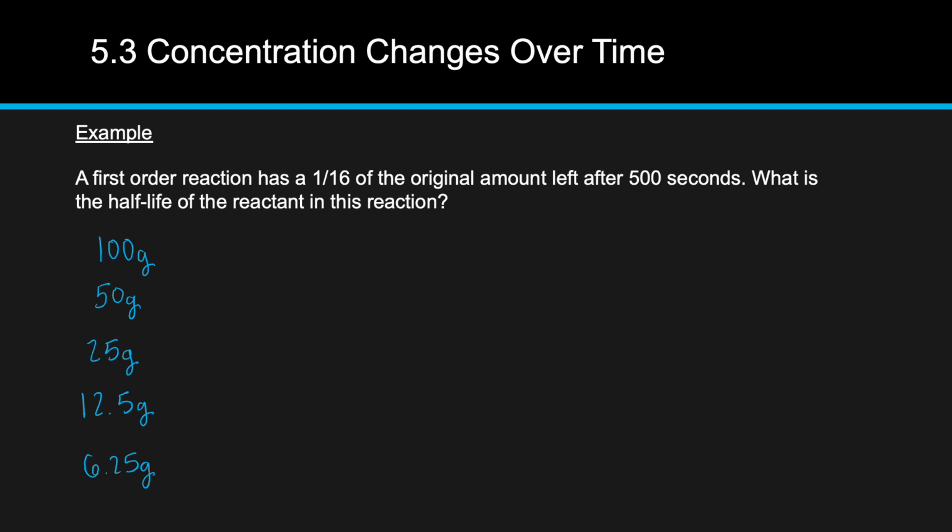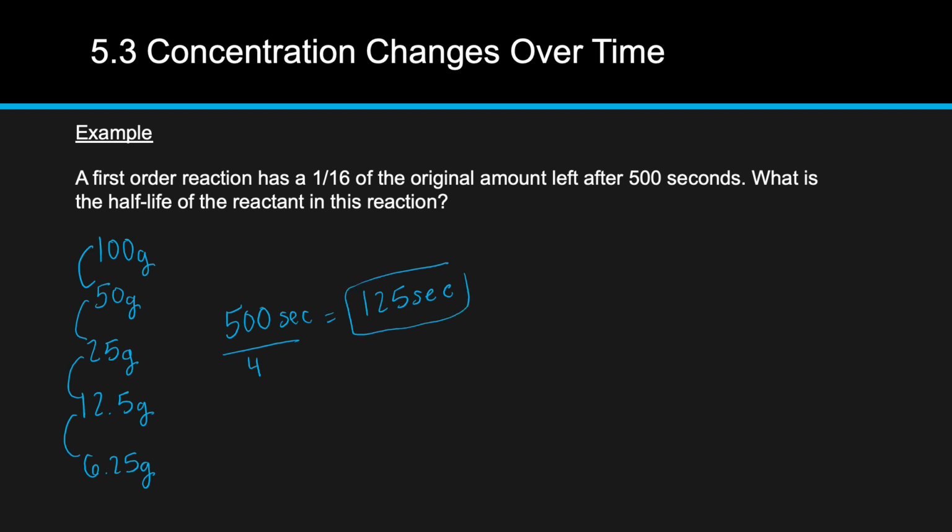So just with a basic understanding of half-life, we could just kind of figure this out. So it took 1, 2, 3, 4 times, and we know that it is out of 500 seconds. So if we divide that by 4, because it took us 4 times to get to 6.25, that means that our half-life is 125 seconds.